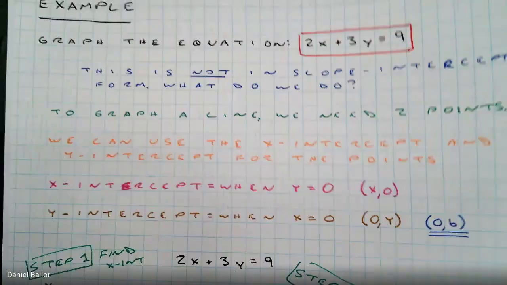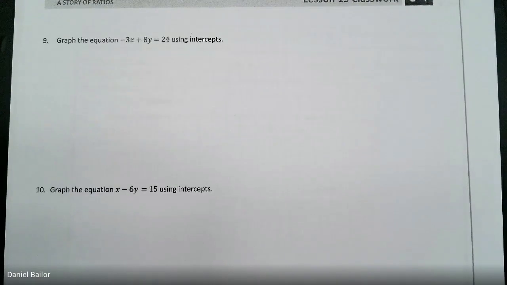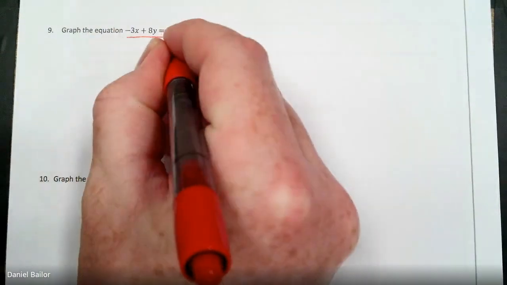So let's do this. Let's go to page 233, where we have exercise 9, 10, and 11. We skipped exercise 1 through 8, remember? So page 233, exercise 9, says graph the equation -3x plus 8y equals 24. So this is our equation, and they want us to graph it using intercepts.